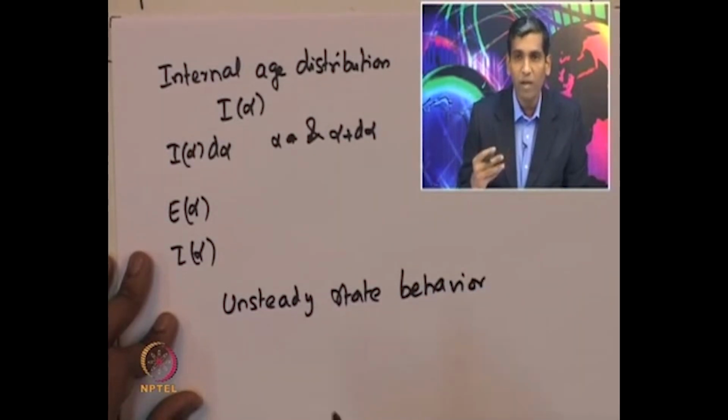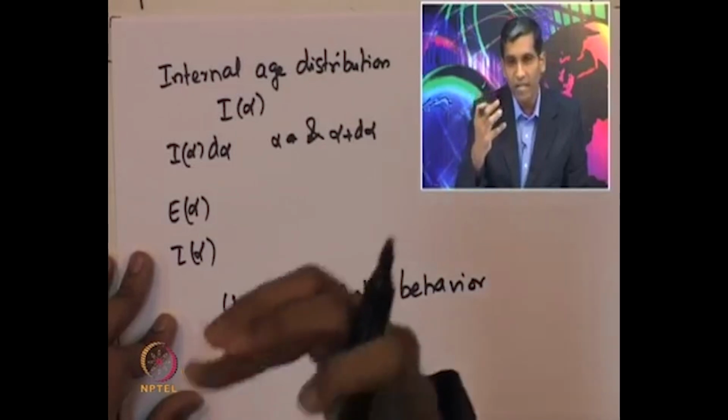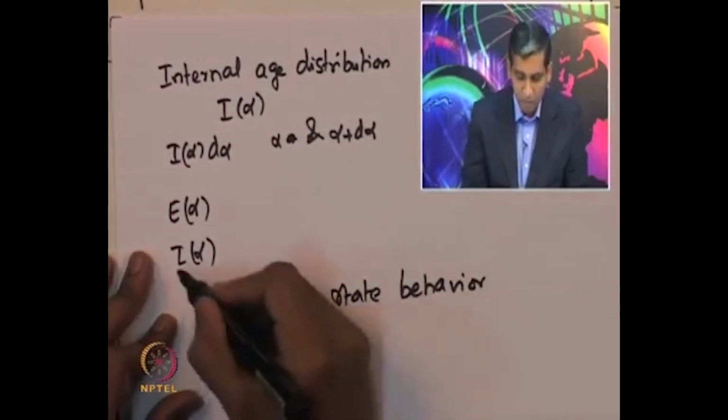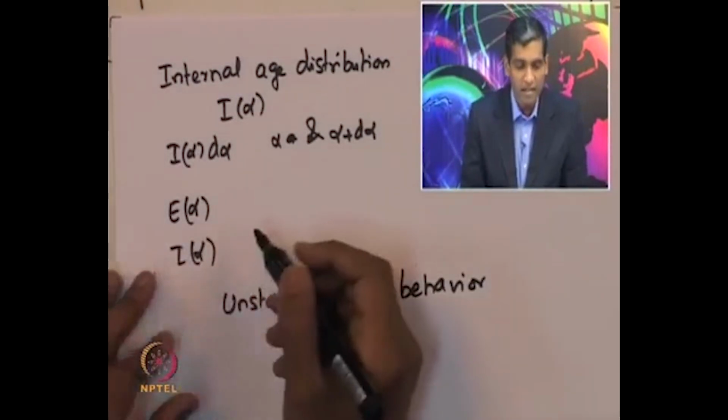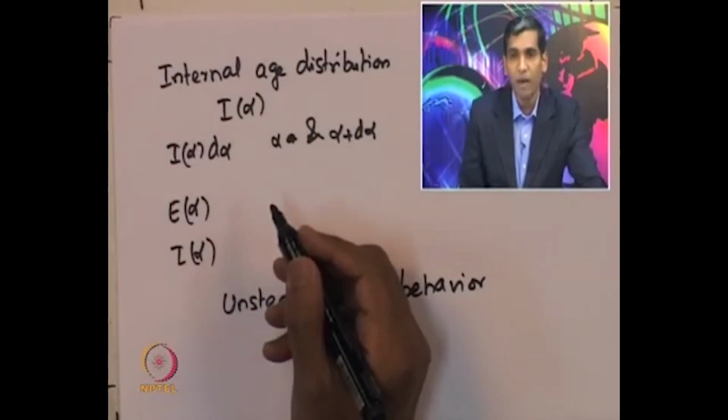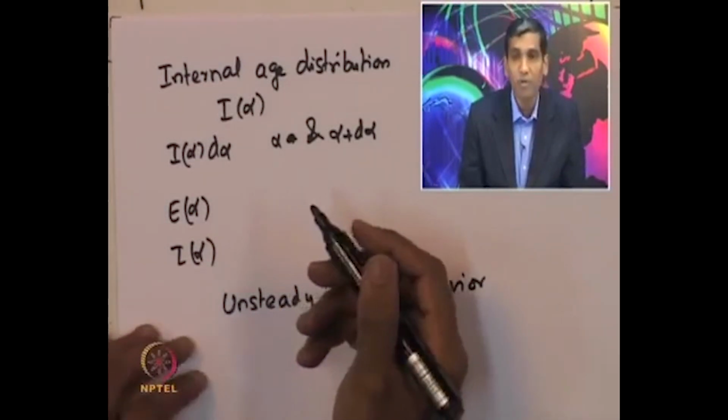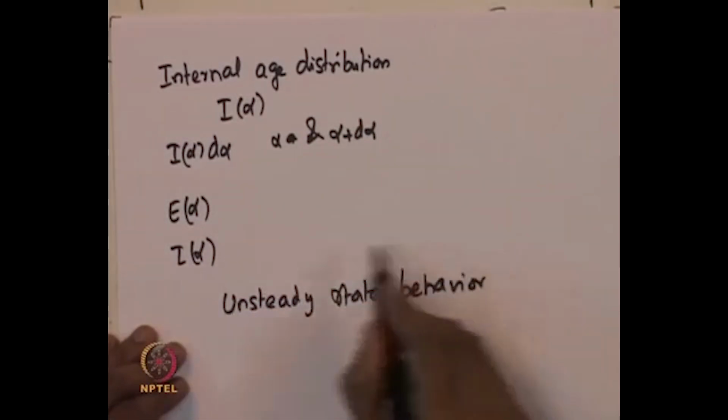A good example would be a catalytic reaction in which the catalyst is decaying with time. Then it is important to know the internal age distribution, and to consider the age distribution in modeling the performance of such a reactor.